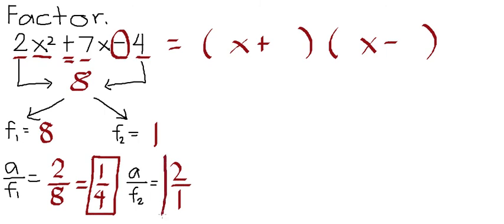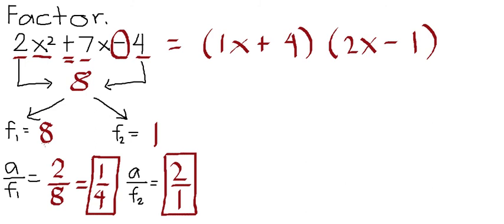And since 1 lang naman itong denominator sa 2 over 1, ito na yung gagamitin nating final fraction at hindi na siya masisimplify. So, 1 and 4 ilalagay natin dito sa first set of parentheses at yung 2 and 1 ilalagay natin sa second set of parentheses.